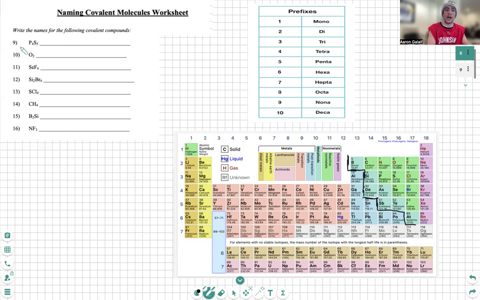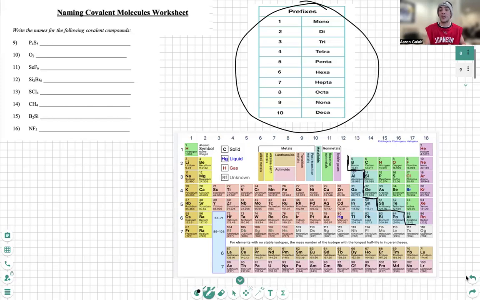First thing we do is number 9. We see the two elements given to us, P and S. P is phosphorus right here. S is sulfur. What do we notice about both of those? They are on the right side of our line, and that is what determines what's a nonmetal and a metal. So we know these are both nonmetals. When two nonmetals create a compound, we just use the prefixes and we are done.